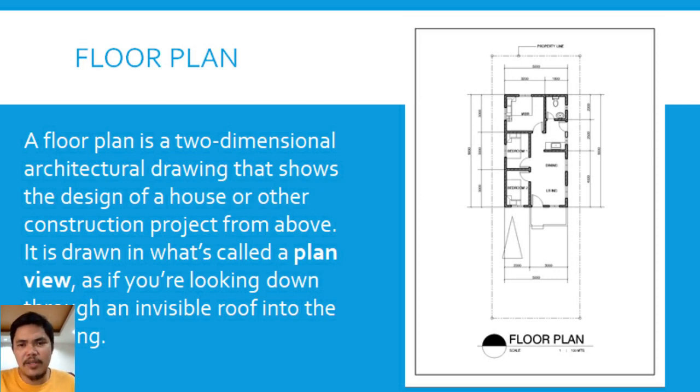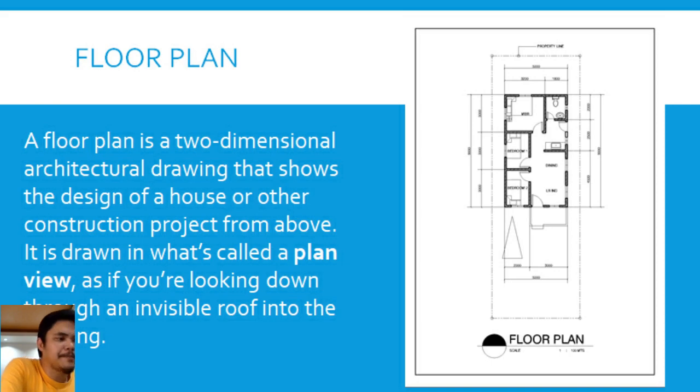Okay, so here we have an example of a floor plan with walls and dimensions. As you can see, we have different kinds of symbols inside. So here it says, a floor plan is a two-dimensional architectural drawing that shows the design of a house or other construction project from above.